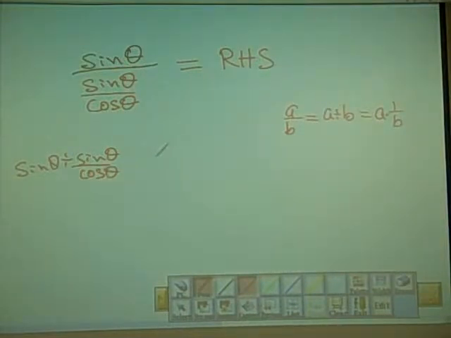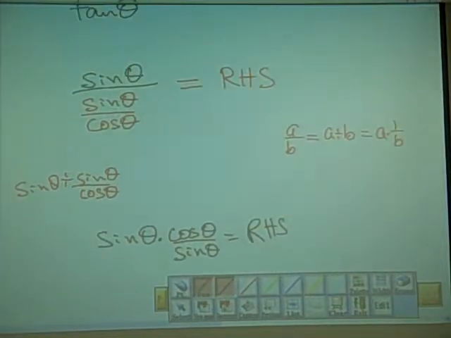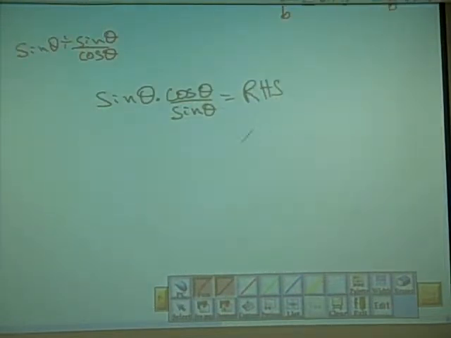So we're going to flip and multiply this second term. That gives us sine theta times cosine theta over sine theta. And we want that to equal the cosine.